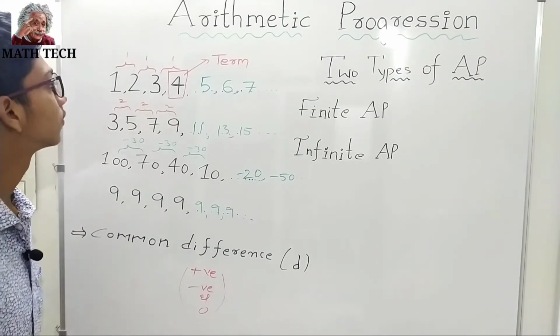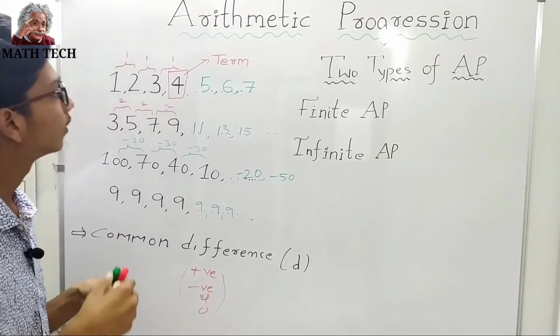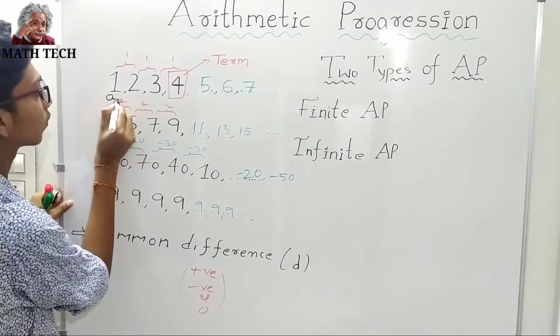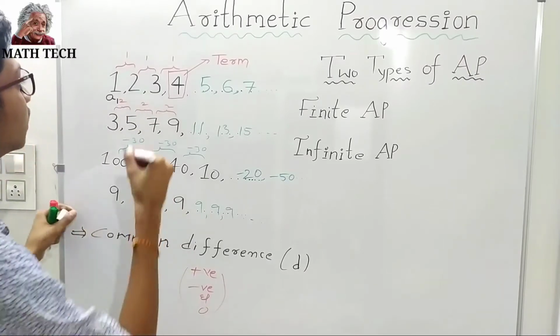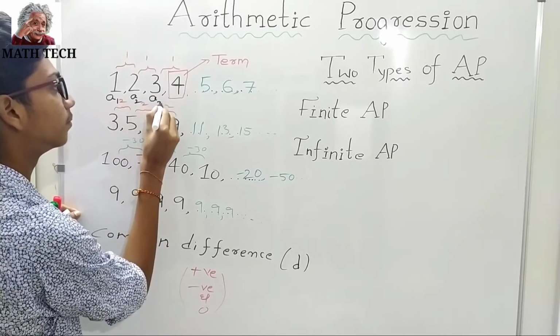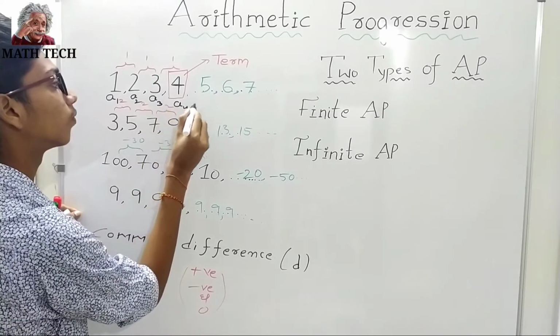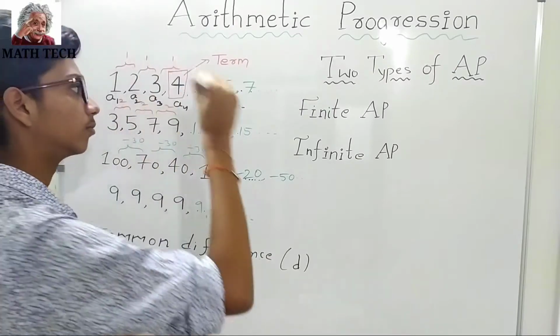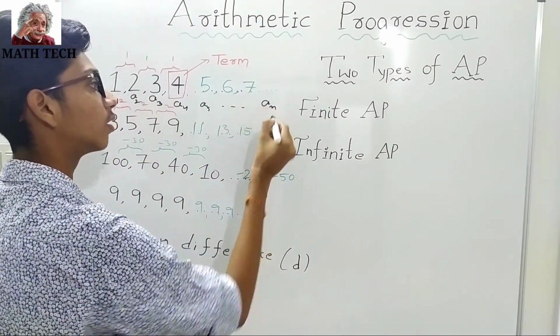The next thing is, we define the first term as a1, the next terms as a2, a3, a4, a5 and so on, and the nth term as an.